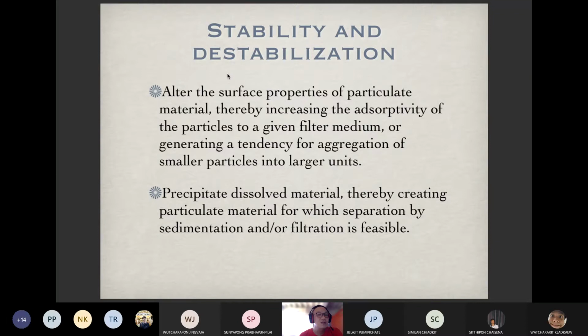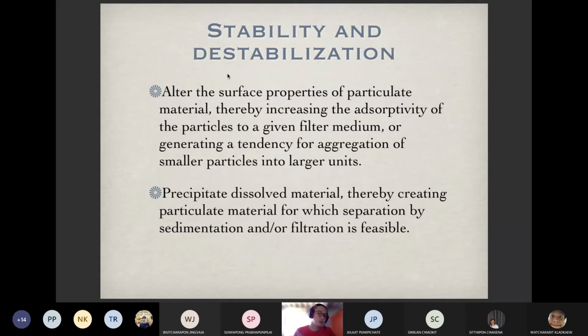The status where they remain suspended, we call very stable. They have a very high stability because they don't react with each other. They just remain suspended, so they are not going to settle. So in that case, we cannot do anything.